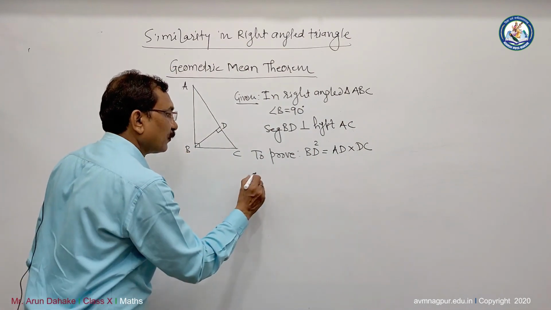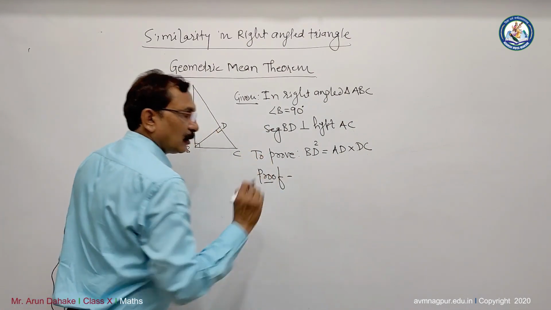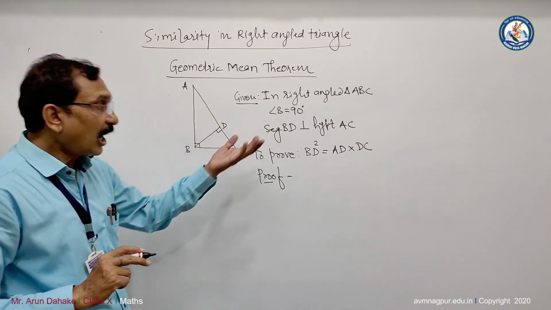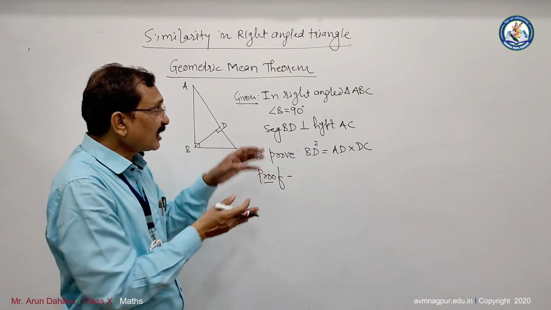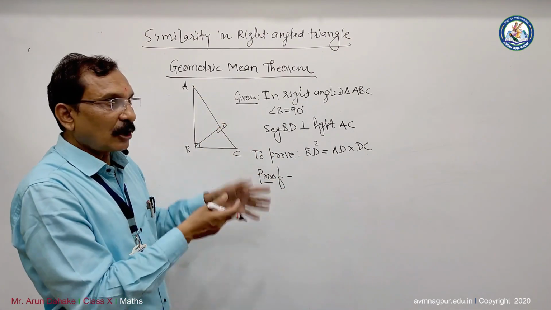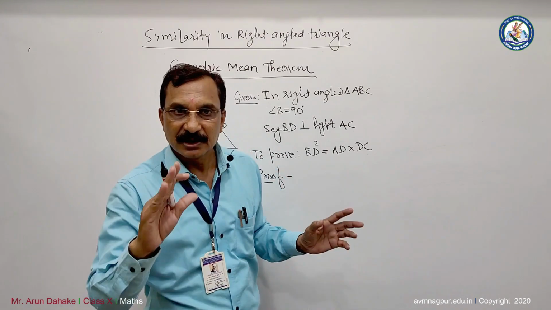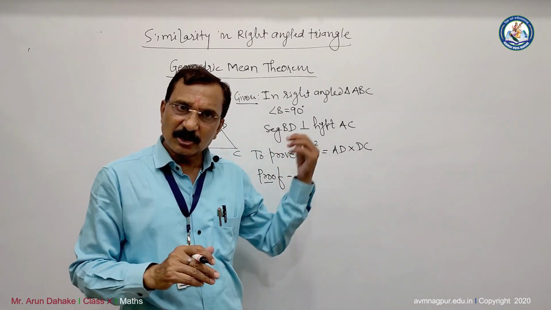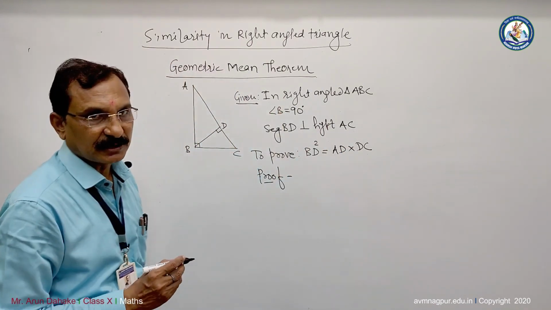Now we'll see the proof of how to prove this one. Before the Pythagoras theorem, we must know what is geometric mean and what is similarity in right angle triangle. After that, we start the Pythagoras theorem. Pythagoras proved all these things first: BD square equal to AD into DC.